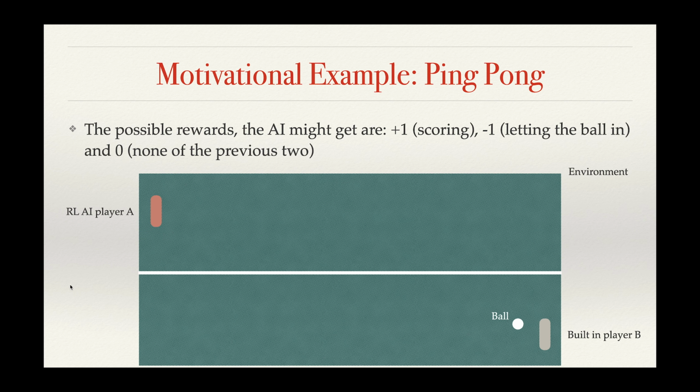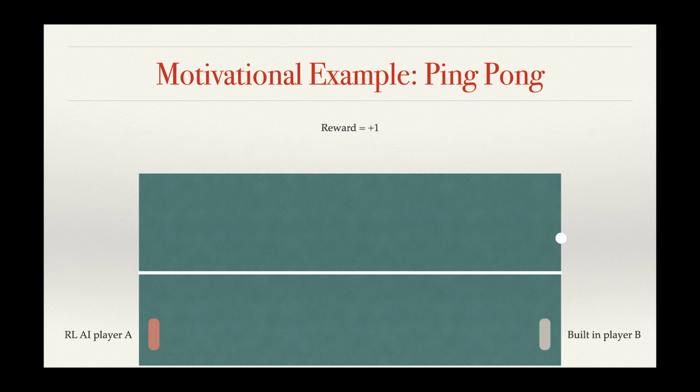The way you design the reward function, of course, is very important in reinforcement learning. For example, another designer would say, whenever this player could reverse the ball, which means hit it back, then I also want to add a reward for that if it's important. In this case, as I said, scoring is reward equal to 1. When you let the ball in, it's -1.